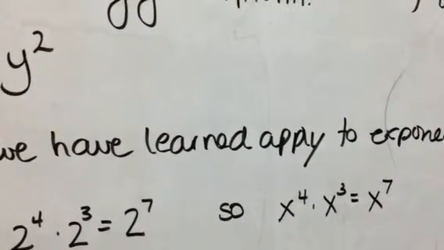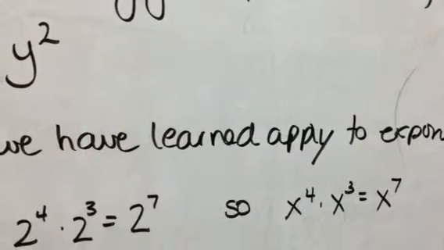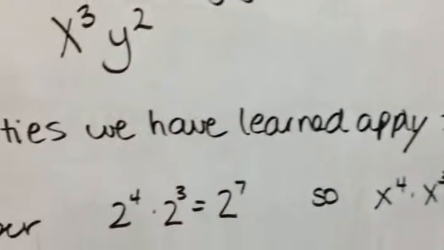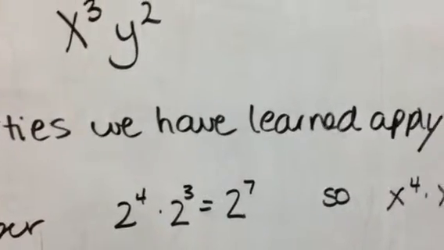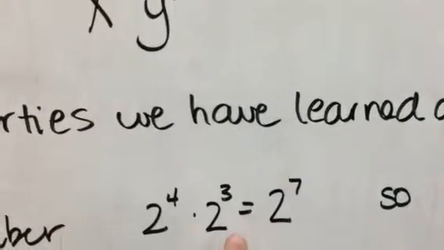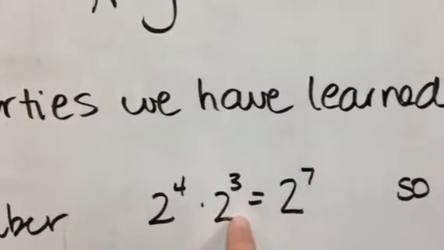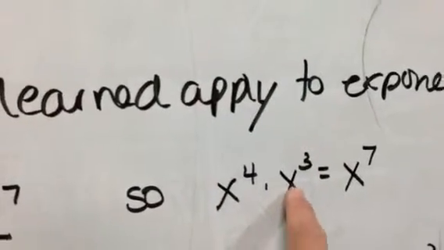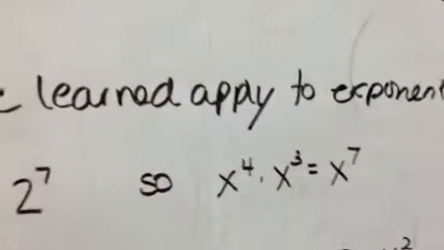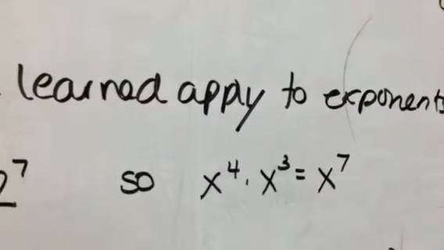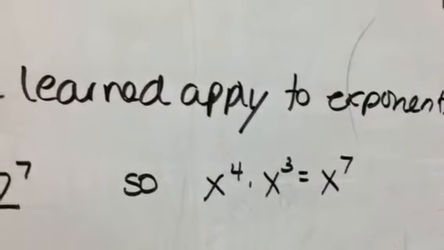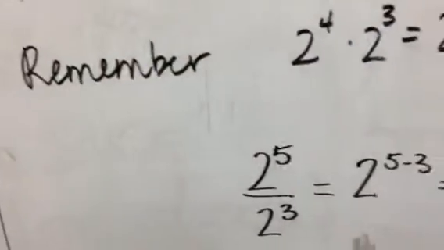When you're multiplying variables with the same base, notice the 2's are the same base. If that was 3 to the 3rd, this wouldn't work. The base is this 2 right here. That's the base. That's the exponent. Over here, this is the base. This is the exponent. So x to the 4th times x cubed equals x to the 4 plus 3, or 7.